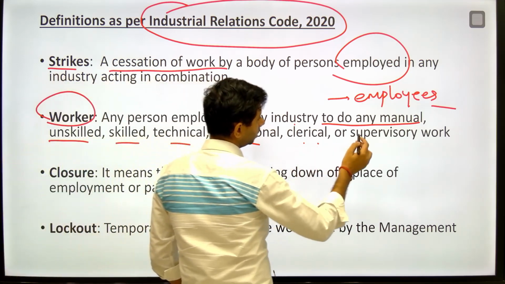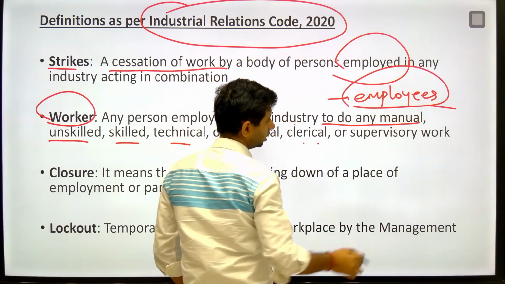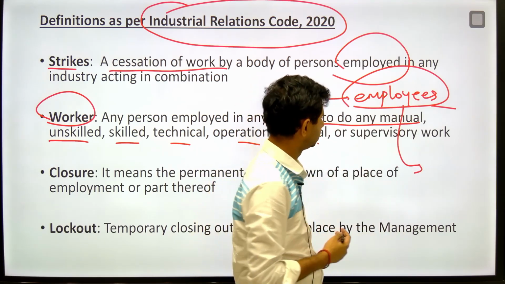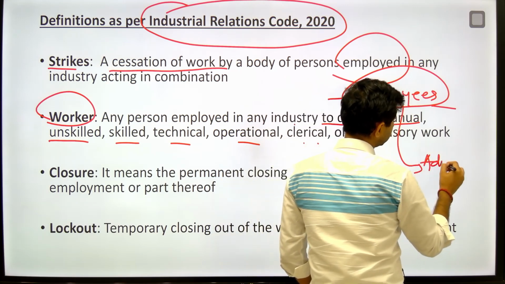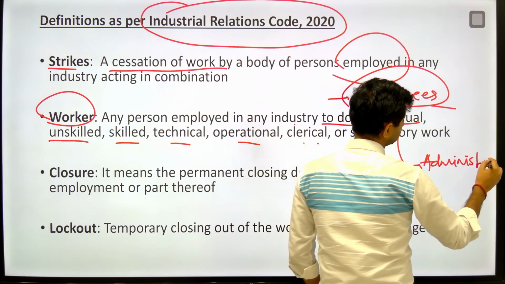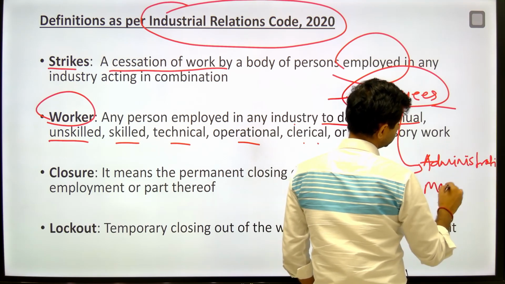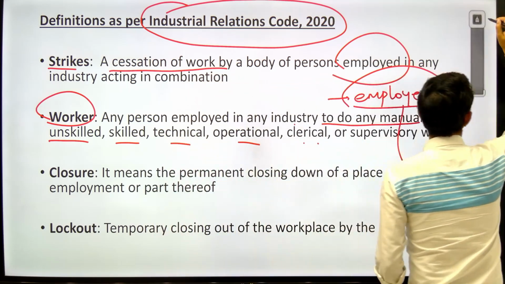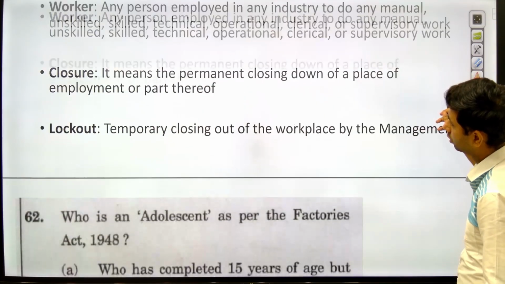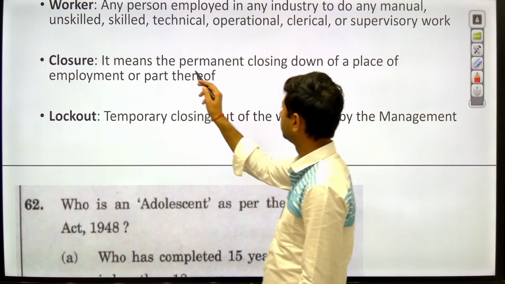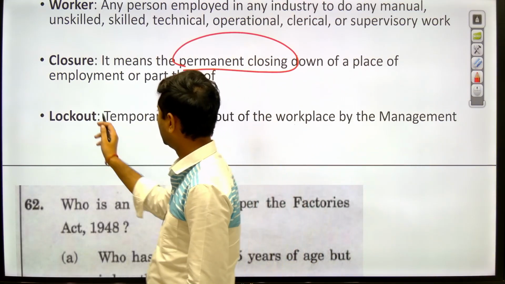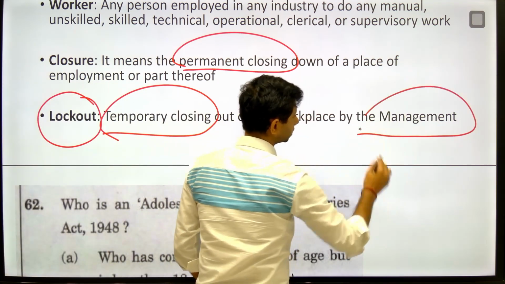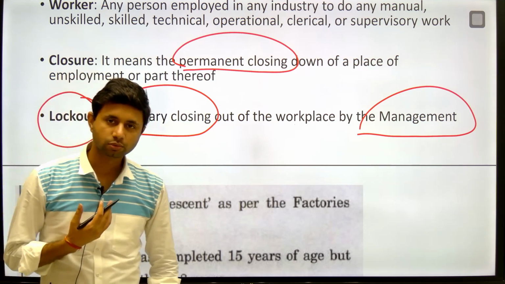But don't get confused between the workers definition and the employees definition. The employees definition, although it includes whatever is there in the workers definition, also includes administrative work and management work. Okay. Whereas closure means permanent closing down of a facility and lockout is temporary closing of the workplace by the management. So I hope you understood these definitions.